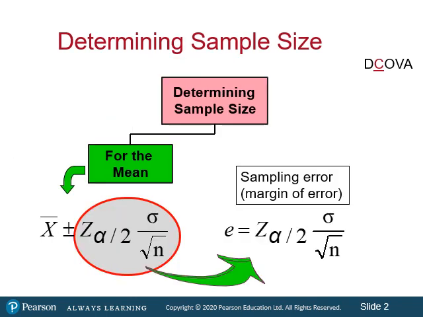For determining sample sizes, this margin of error is very important, which is given here: x bar plus minus z alpha divided by 2 times sigma divided by square root of n. So the margin of error is actually this component here, E equals z alpha divided by 2 times sigma divided by square root of n.